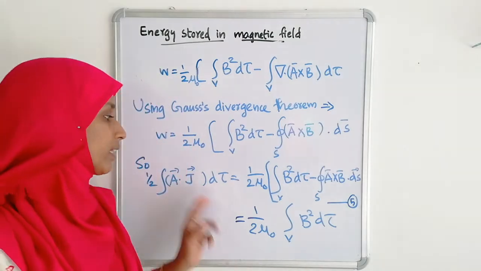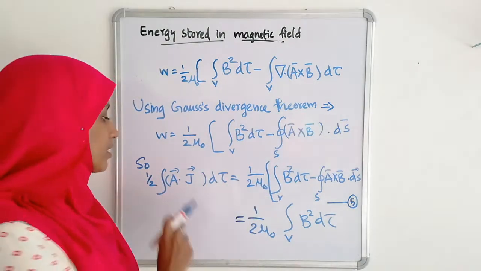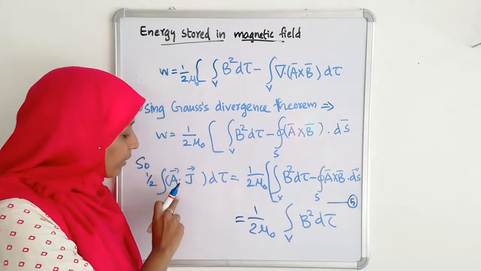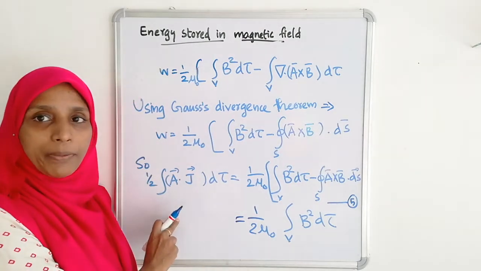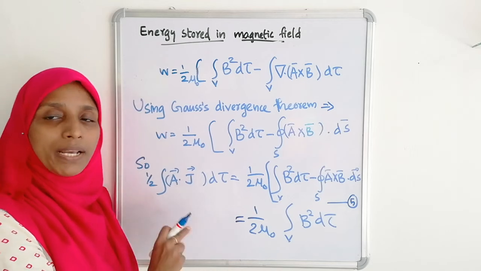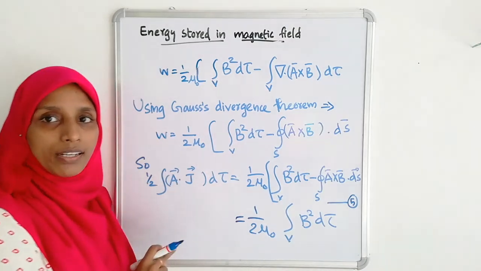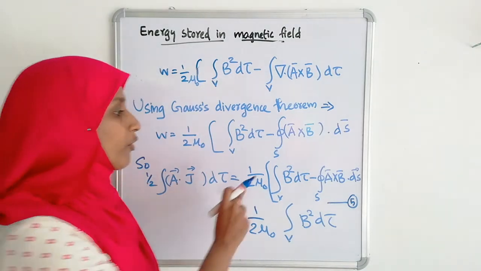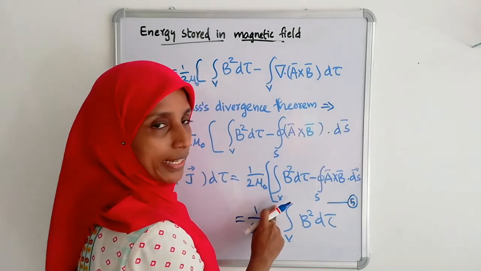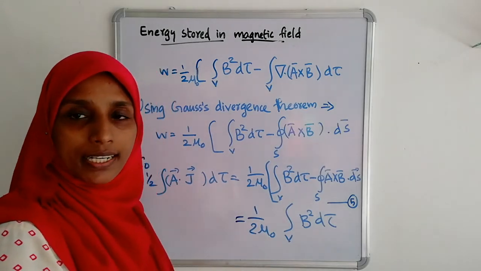We have to study the physical meaning behind this equation. When we consider the LHS of this equation and integrate over the whole space, the volume integration remains constant, since the whole space contains the current distribution as a constant. On the RHS, as the space increases, the volume integral increases and the surface integral decreases.